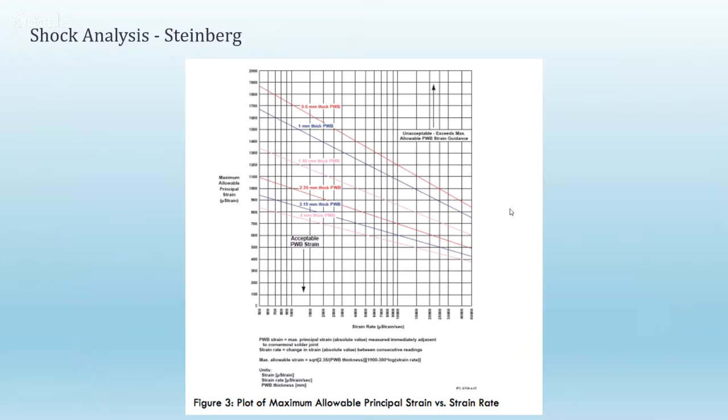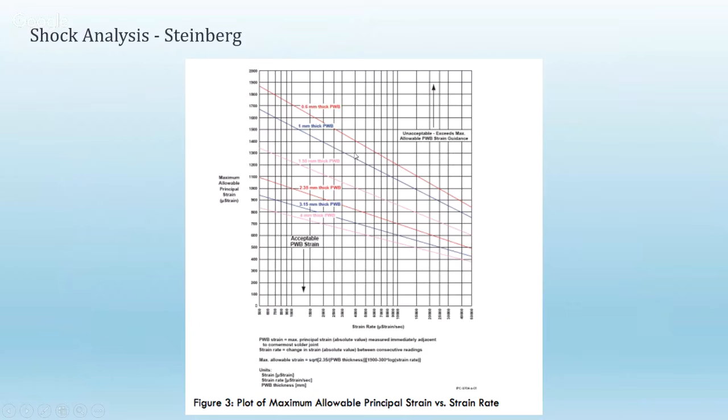For shock analysis, we also use Steinberg data. So there's a plot of maximum allowable strain and strain rates. We have all of these different lines governing the thickness of the PCB, as well as this PWB, which is the maximum principal strain measured immediately adjacent to the corner solder joints.